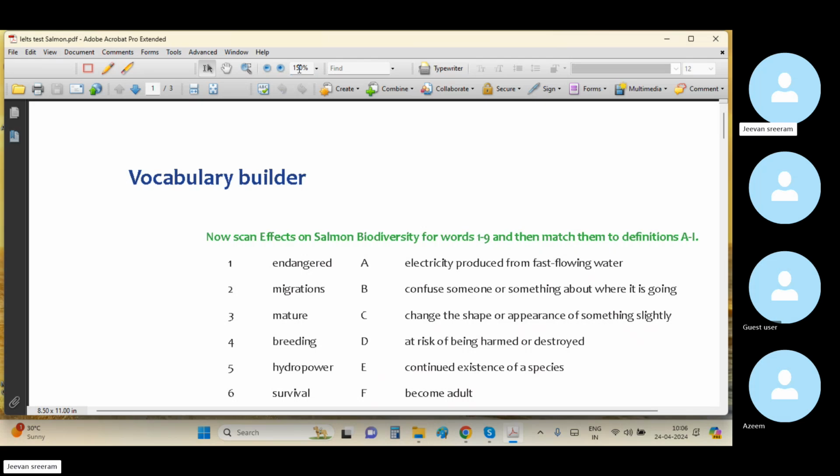You should get used to picking up the paraphrases, right? Original sentences from the passage which have been paraphrased to create the question. The paraphrased version can be seen in the questions, the original text in the passage, so you should be able to pick them up. It requires some practice, right?